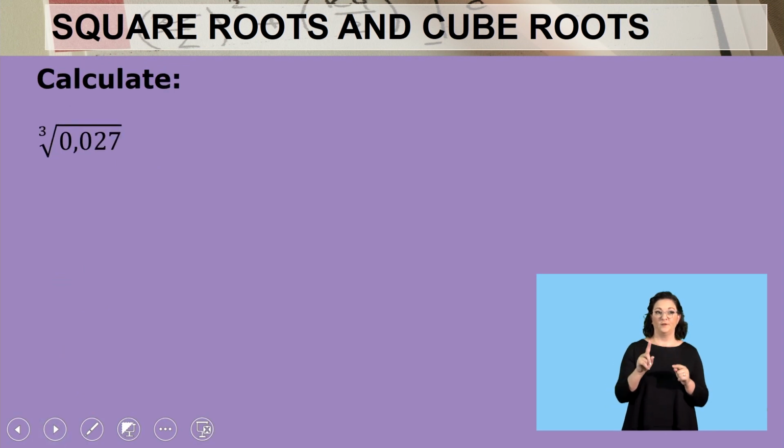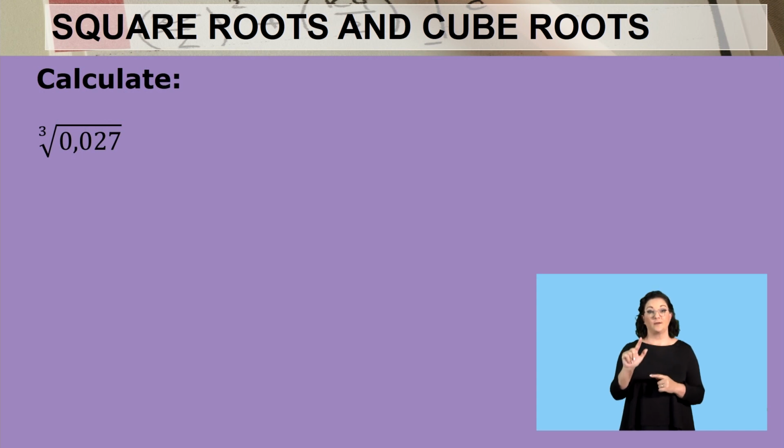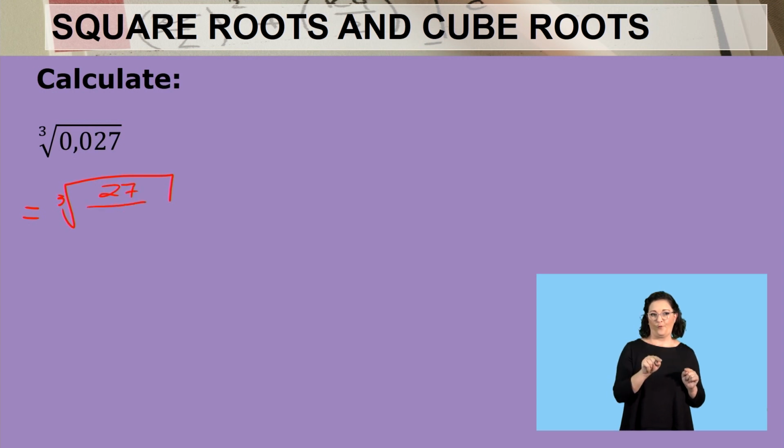Next example, we have the cube root of 0.027. So, remember what we said? Convert this first. So this is going to be equal to the cube root of 27 thousandths. So it's 27 out of 1,000, or 27 thousandths.